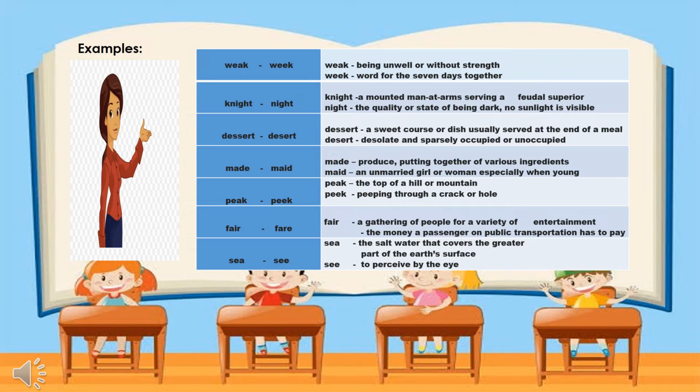Another example: night, knight. Dessert, desert. Maid, made. Peak, peek. Fair, fare. See, sea. So these are words which are differently spelled and have different meanings but have the same sound. So they are called homonyms.